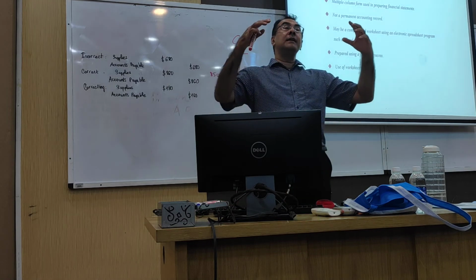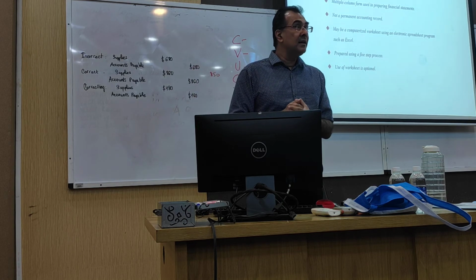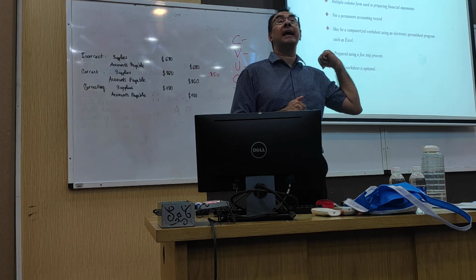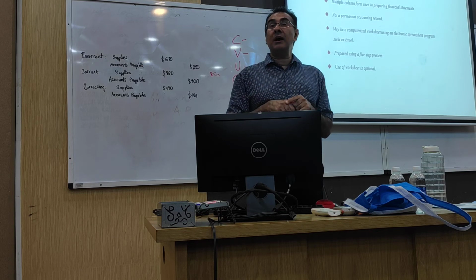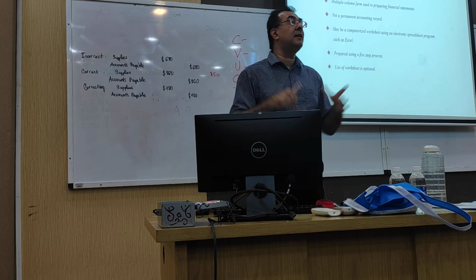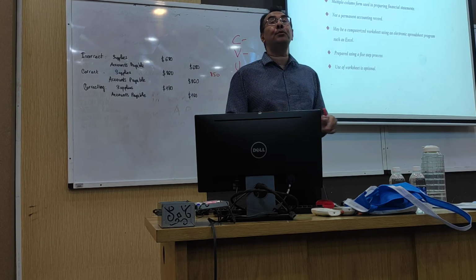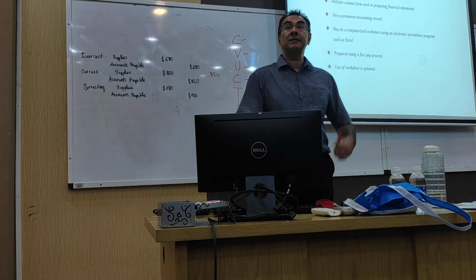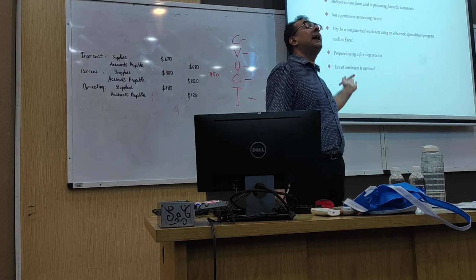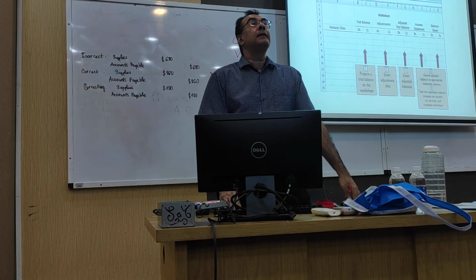I'm sure for this course, when you do your group assignment, you're going to have to do it in Excel. So I don't need to teach you how to do Excel. If you don't already know how to use Excel, please use this course as an opportunity to improve your Excel skills. Doing accounting on Excel is a good way to make it look presentable.